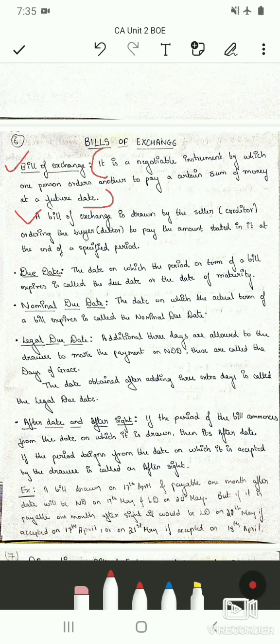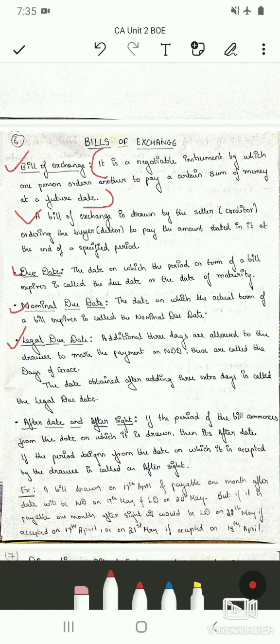Now we will see some of the important terminologies. What is due date? The date on which the period or the term of a bill expires is called the due date or the date of maturity. Throughout this chapter we will be using nominal due date and legal due date.